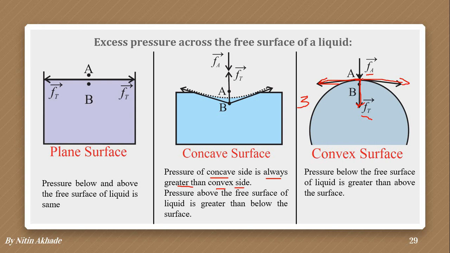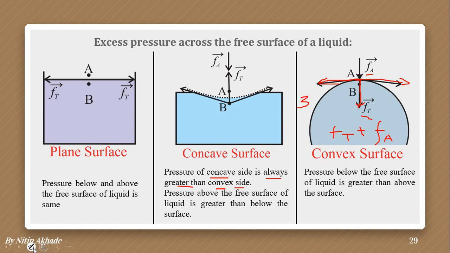From this diagram we can conclude that the pressure due to FT plus the pressure due to the atmosphere are both added. So the pressure just below the surface of a liquid has the larger value. Pressure below the free surface of a liquid is greater than above the free surface of the liquid.